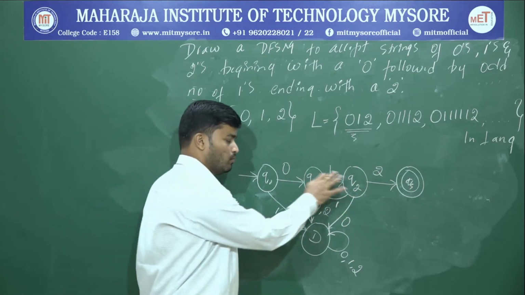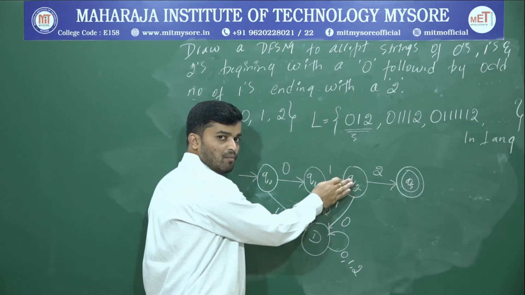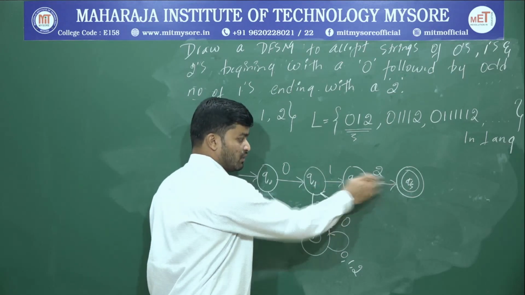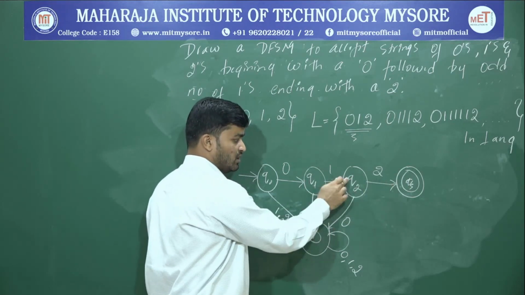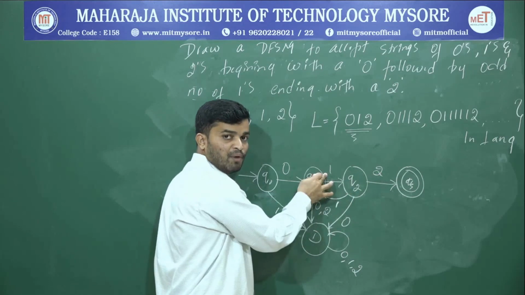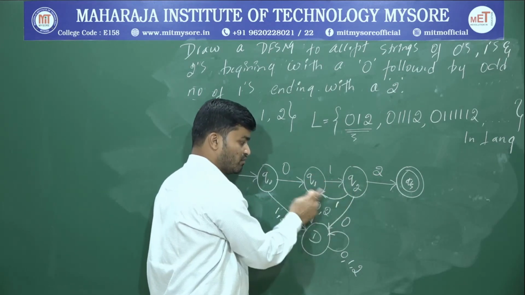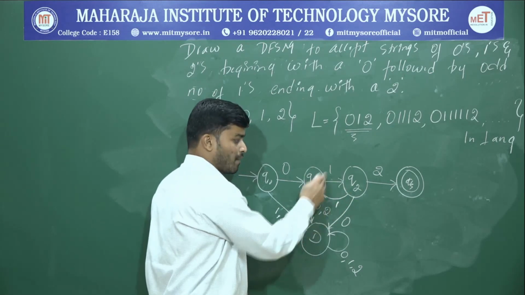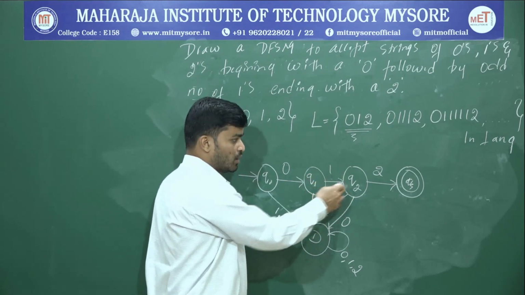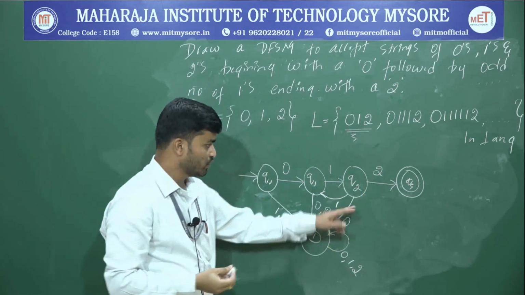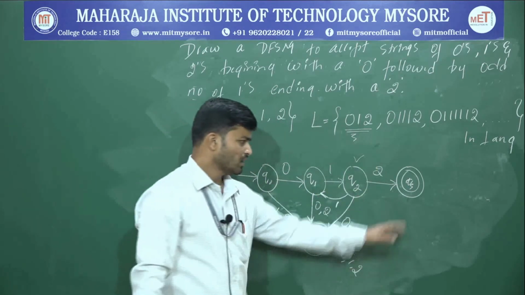So what will happen now? 1, 1 1 1, 3 1s, before going to the accepting state, I will get 3 1s or 1 1, 2, 3, 4, 5 1s, which means that is an odd count. Connecting from Q2 to Q1 upon 1, I will get an odd number of ones. What about 2? 2 already has a path, therefore even Q2 is over.